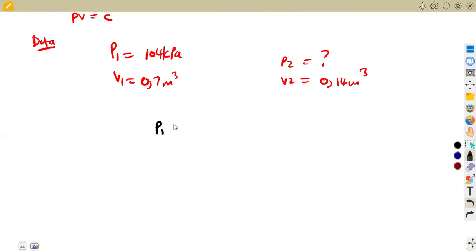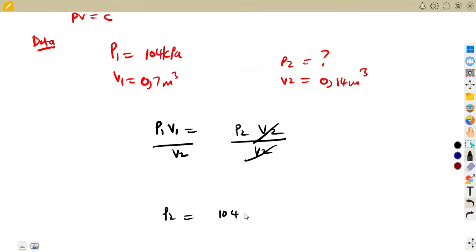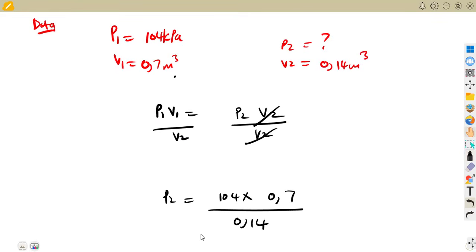So it follows that P1 V1 is equal to P2 V2. Just like the previous case, we can find our P2 by dividing by what? By V2. So P2 is going to be P1, 104, times V1, 0,7, over 0,14, representing our V2. So this was going to give us our P2 at the end.